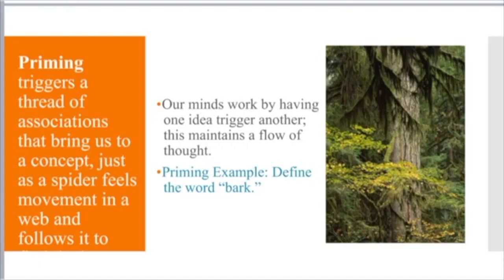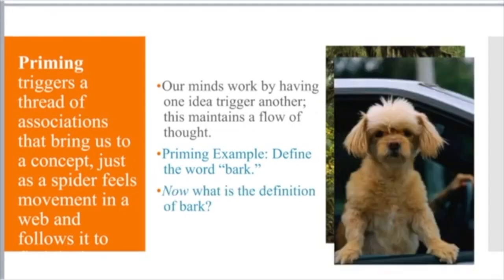So I want you to define the word bark in your head. What is the word bark? Most of you probably said the outer layer of a tree. What if I did this, right? Now, what would you say the definition of the word bark is, right? The sound a dog makes, right?